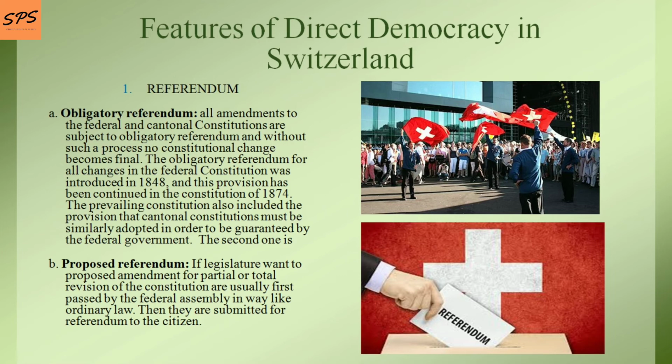In proposed referendum, amendments the legislature wants to propose for partial or total revision of the constitution are usually first passed by the Federal Assembly in the way of an ordinary law. Then these are submitted for referendum to the citizens.